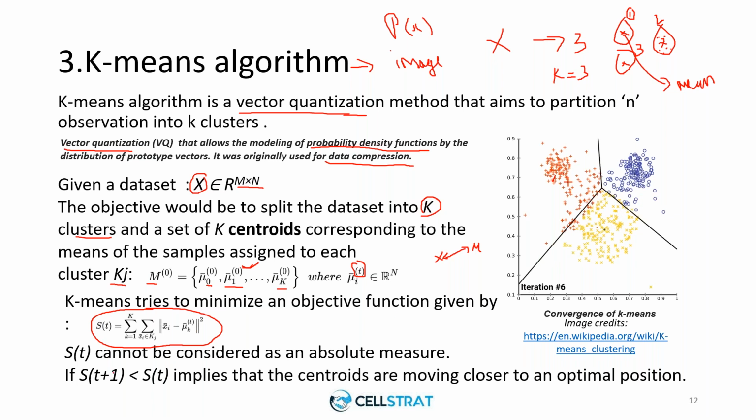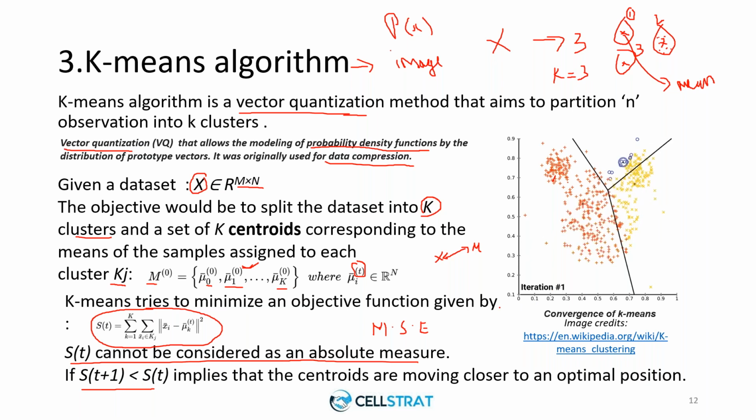You stop the iteration. Now this cannot be used as an absolute measure like mean squared error. This is not a cost function. You compare whether the distance has changed with respect to the previous iteration. So let's say in the 12th iteration I have distance d12, and in the 13th iteration I have distance d13.